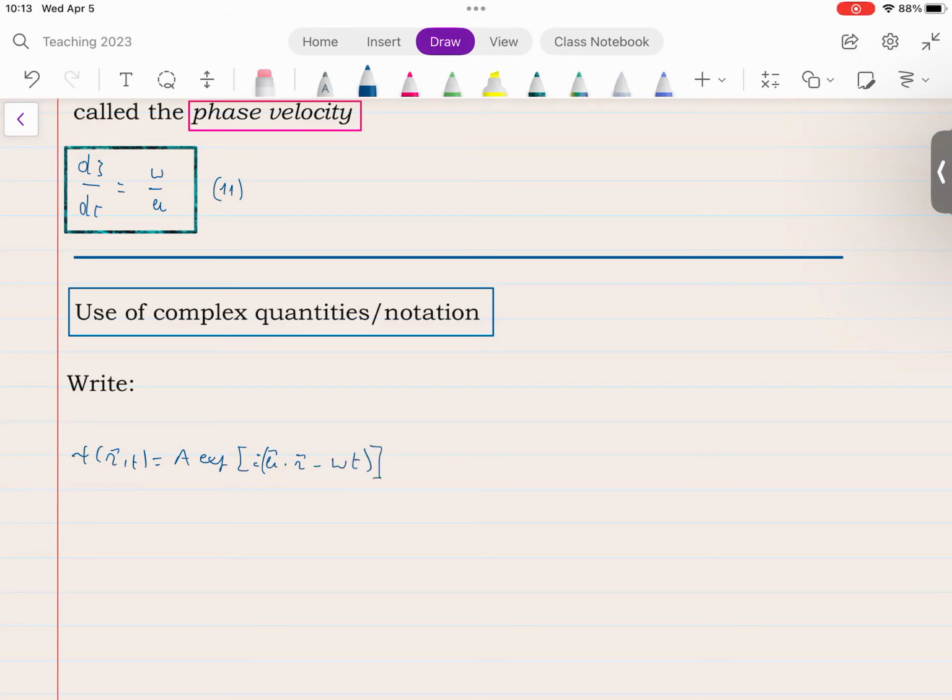And here you kind of see where the opposite signs for k and omega come from: if omega is positive and k is positive, the wave is going to move in the positive direction, with the minus sign. And of course, physical quantities are real, so you always have to take either the real or the imaginary part.